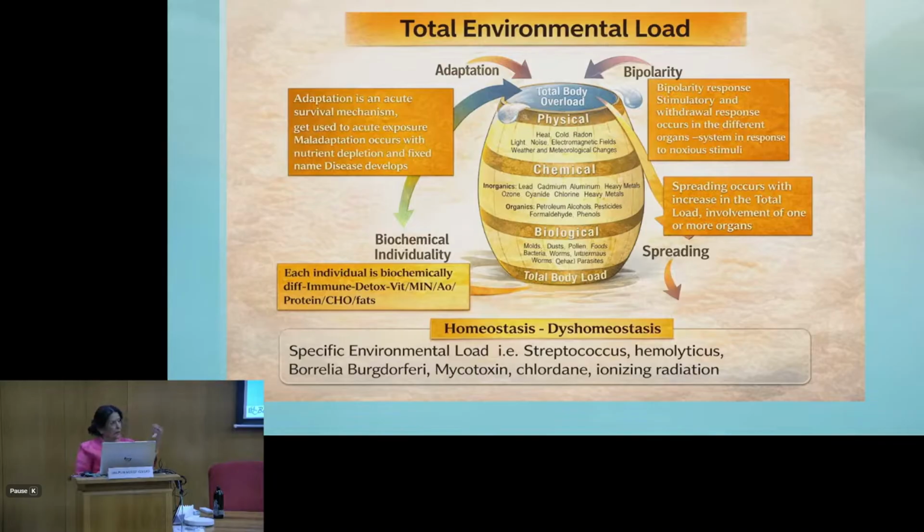Then it may go into the spreading phenomena, switching phenomena. Biochemical individuality determines part of the response, and also the specific environmental load must be addressed. And then what happens with the excessive amount of total environmental load? The body goes from homeostasis to dyshomeostasis.